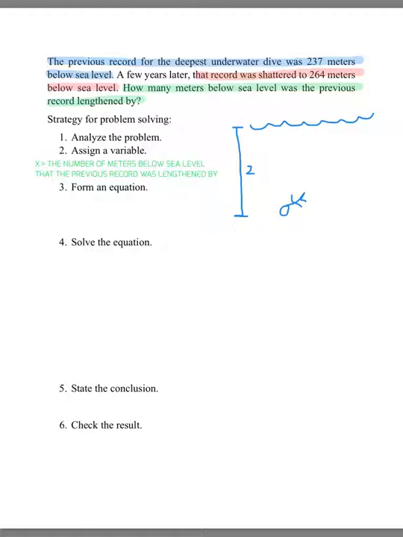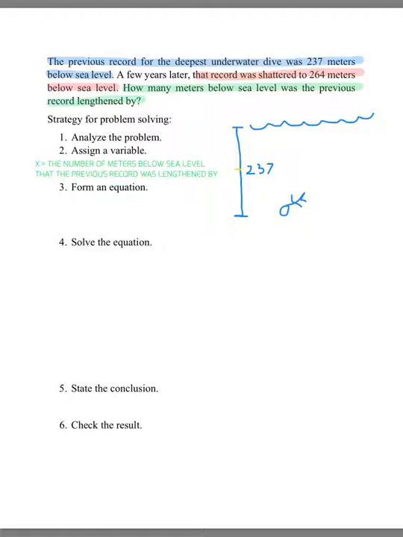So that quantity is 237 meters below sea level. Now the important thing is that since he is below sea level, we're going to want to include a negative sign. So that's negative 237 meters below sea level.